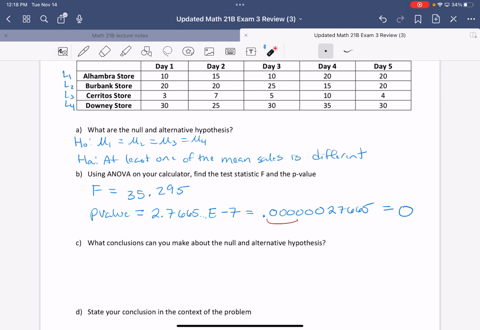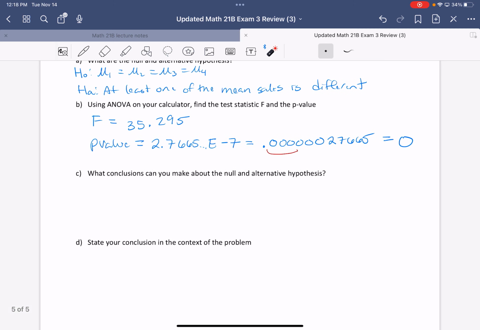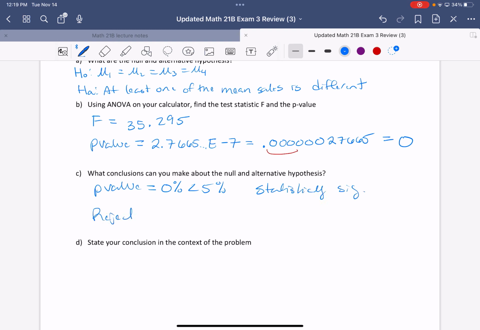Okay. So now we can go to the conclusions. Our p-value, what percentage is that? 0%. What was our level of significance? 5%, right? So that means it's statistically significant. So we reject the null and support the alternative.